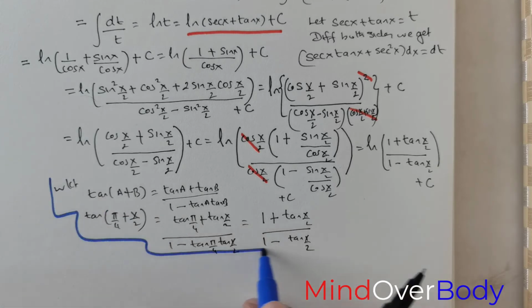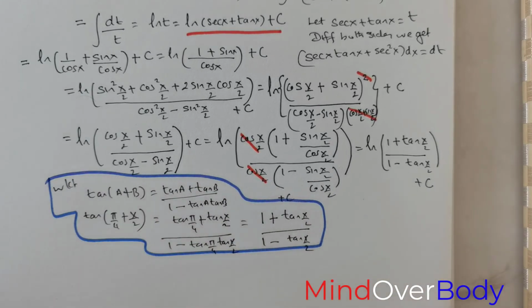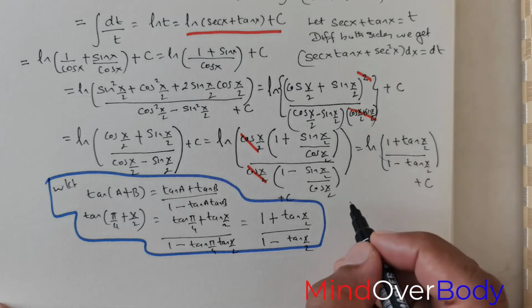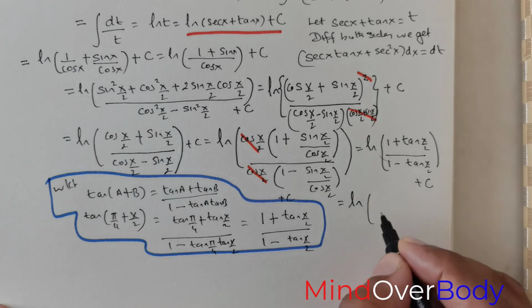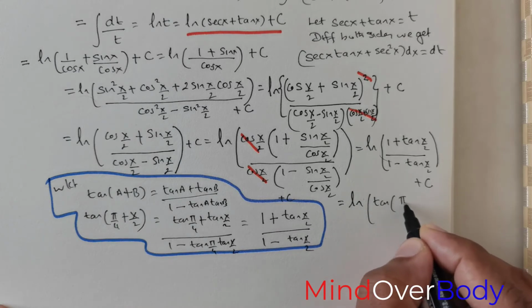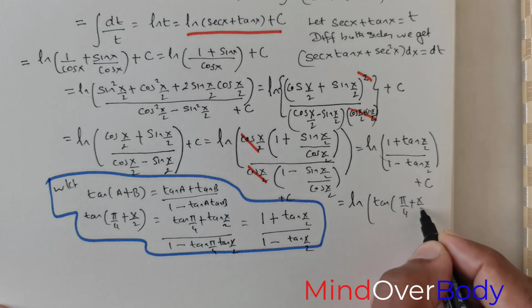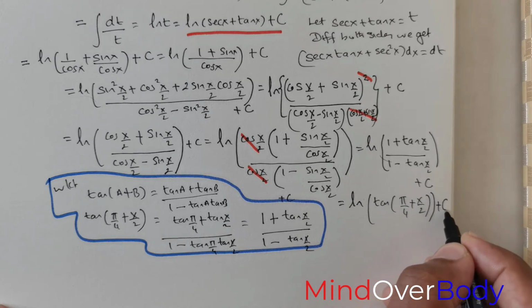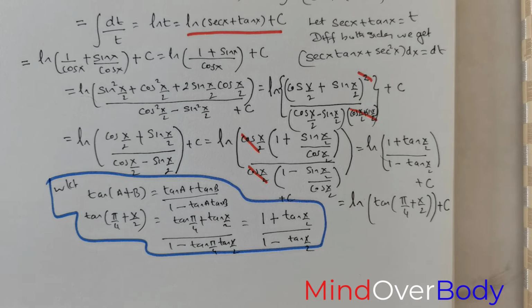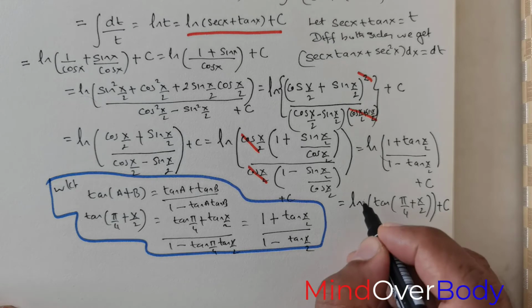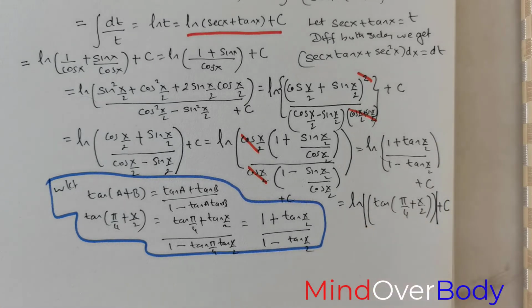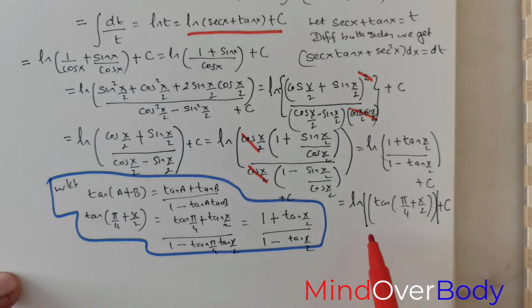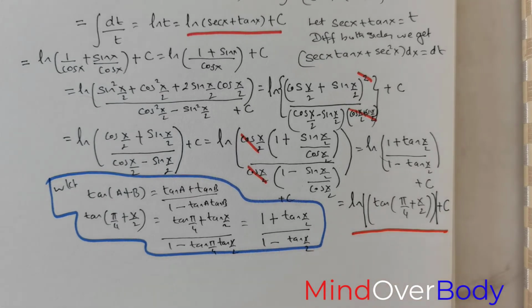This is for your understanding. So this entire component can be rewritten as ln of tan(pi/4 + x/2) plus arbitrary constant c. But since we are using tan, I would place a modulus sign, and this is a good place for us to draw the line.